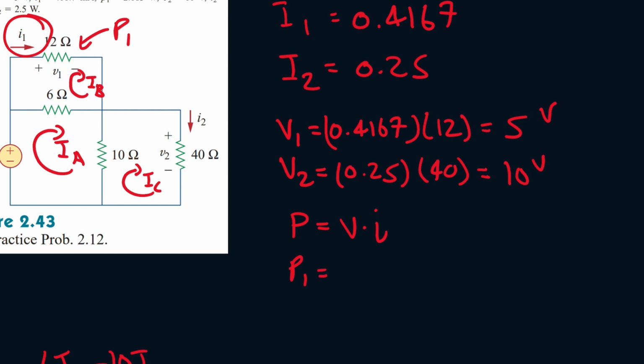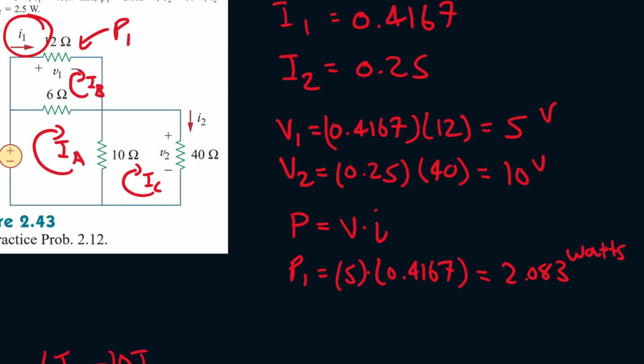P1 will be equal to V1 times I1. So V1 is 5, and I1 is 0.4167. So P1 will be equal to 2.083 watts.